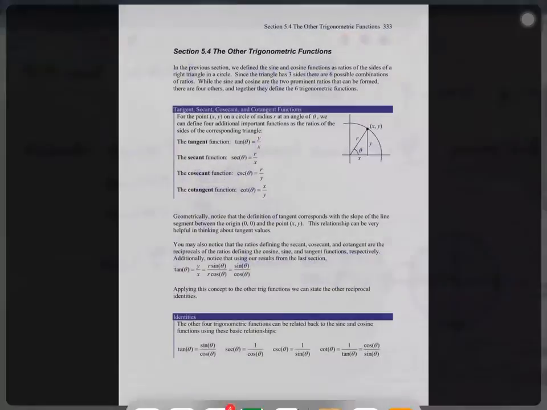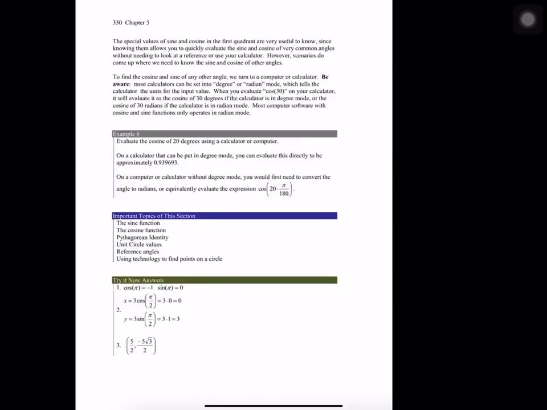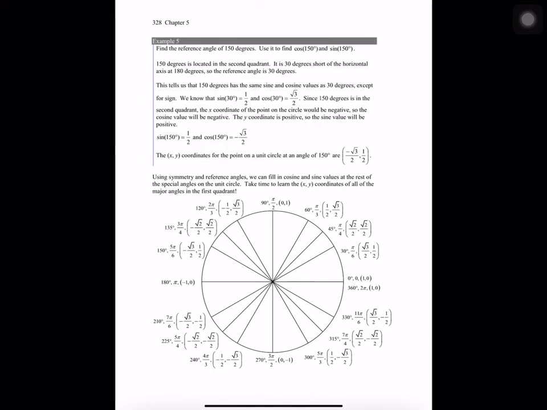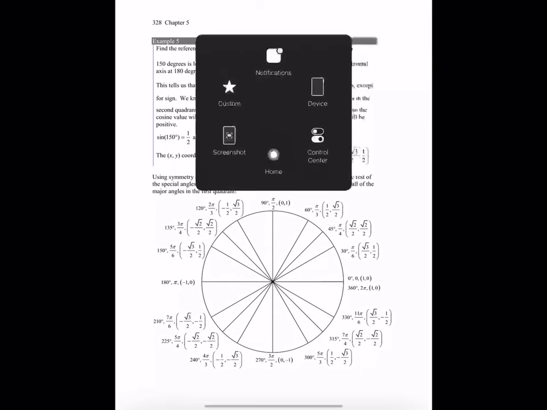And if you want to check yourself, you can go to the book on page 328 and look at your unit circle.